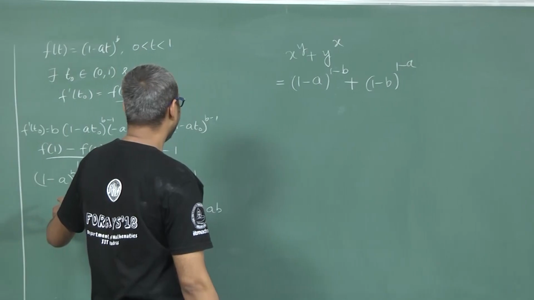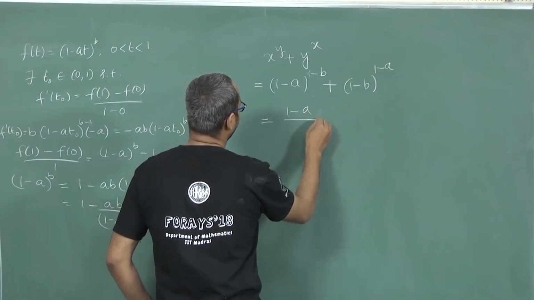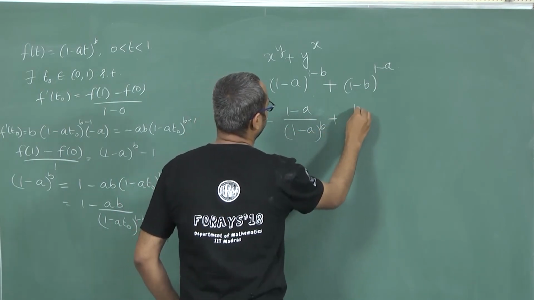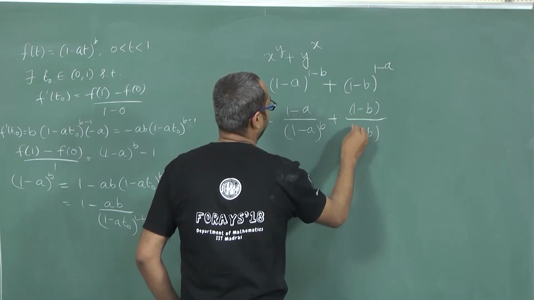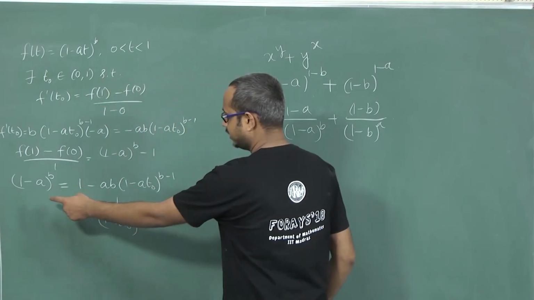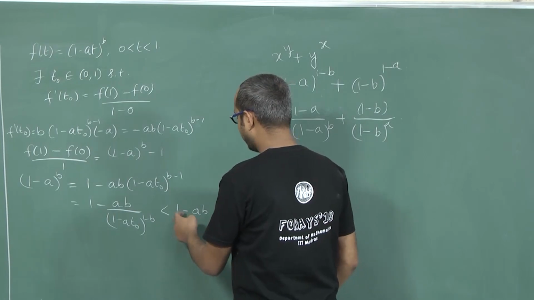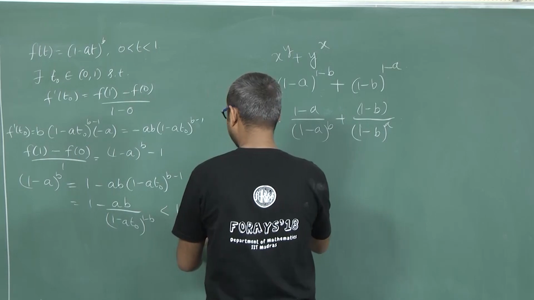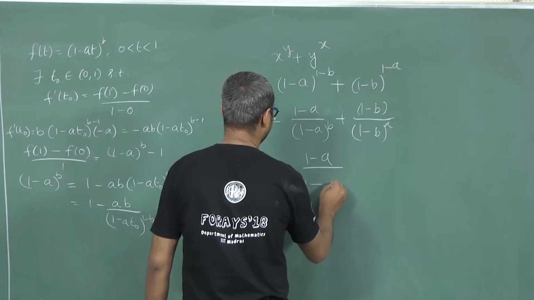Now this can be written as 1 minus a by 1 minus a power b, plus 1 minus b by 1 minus b power a. Now this inequality is saying 1 minus a power b is less than 1 by 1 minus ab. So this must be bigger than 1 minus a by 1 minus ab.